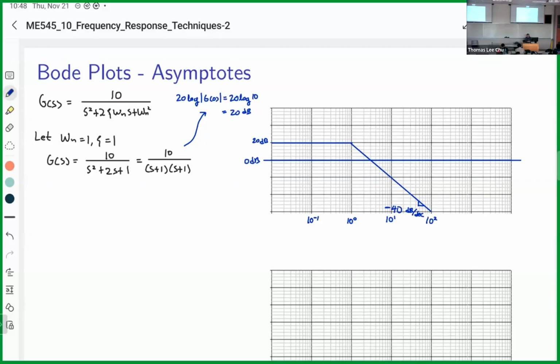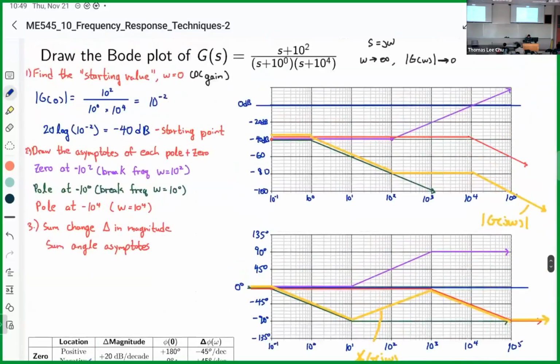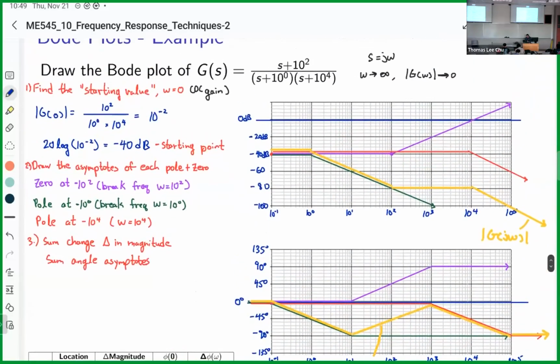Are there any questions on that? How did I know where the break frequency was again? Yeah, so the break frequency is the pole location. It's the magnitude of the pole location.